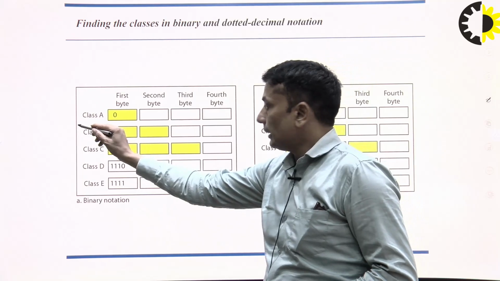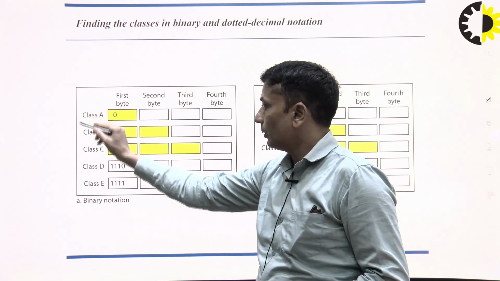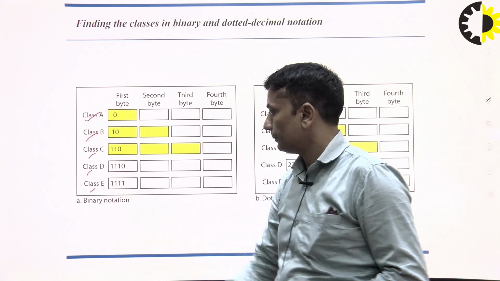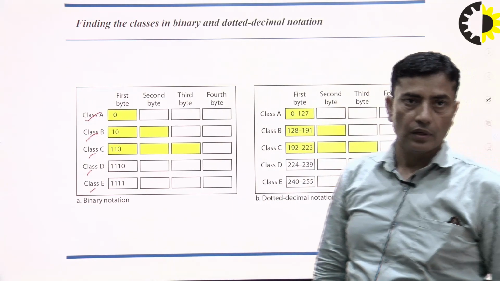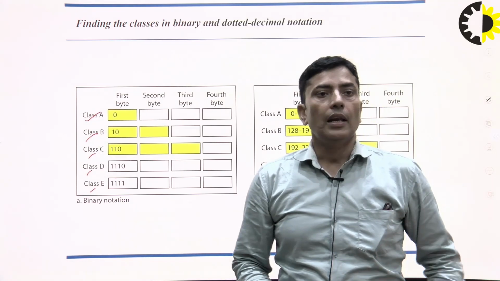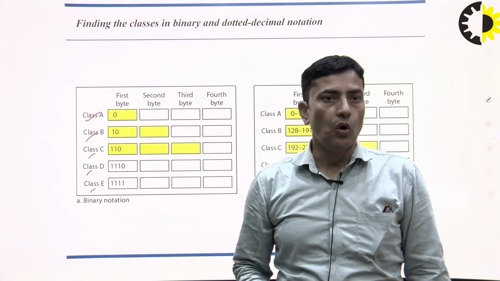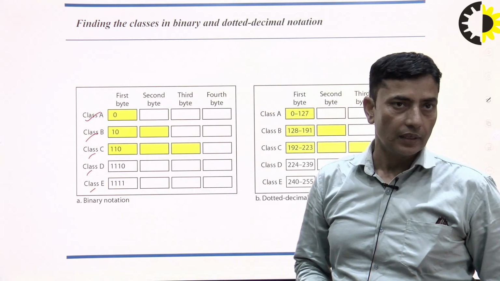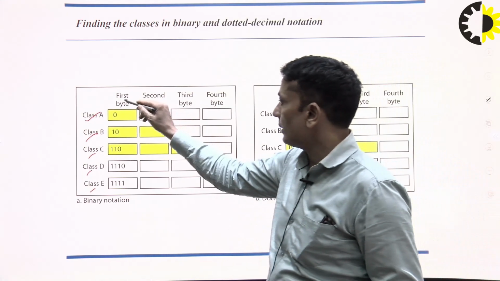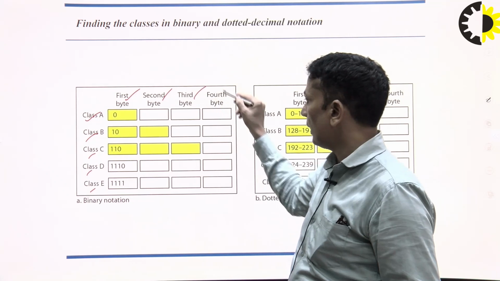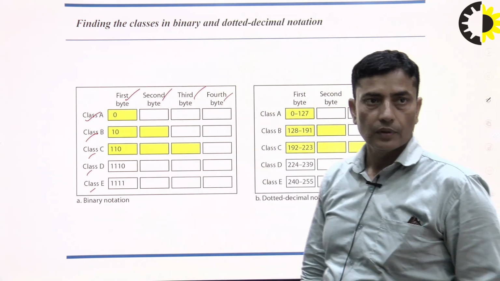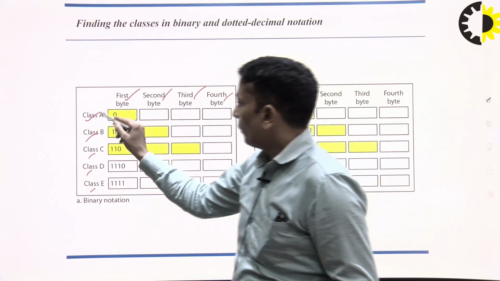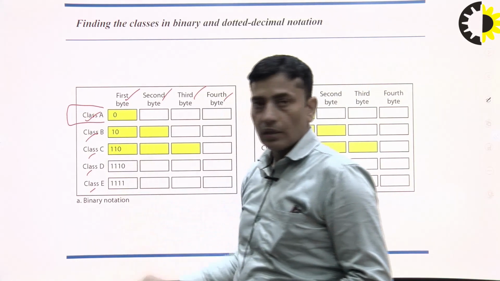These are the representations of all the classes: class A, class B, class C, class D, class E. As I have already told, the IP address is 32 bits long, that means 4 bytes: first byte, second byte, third byte, and fourth byte. This is the class A address.